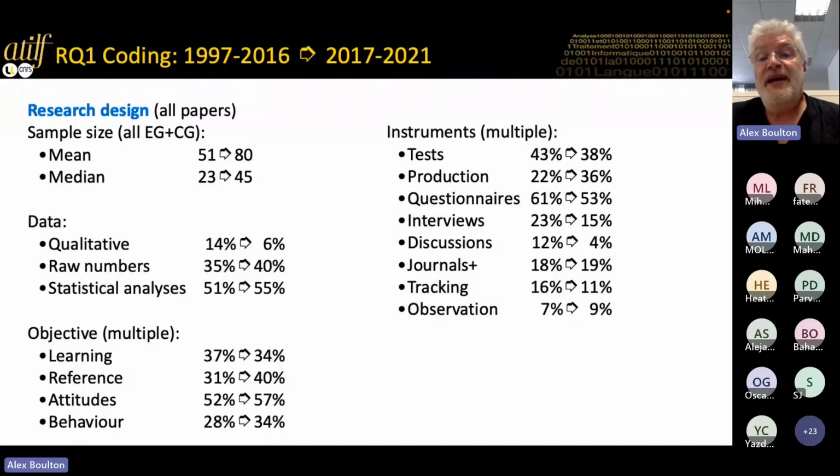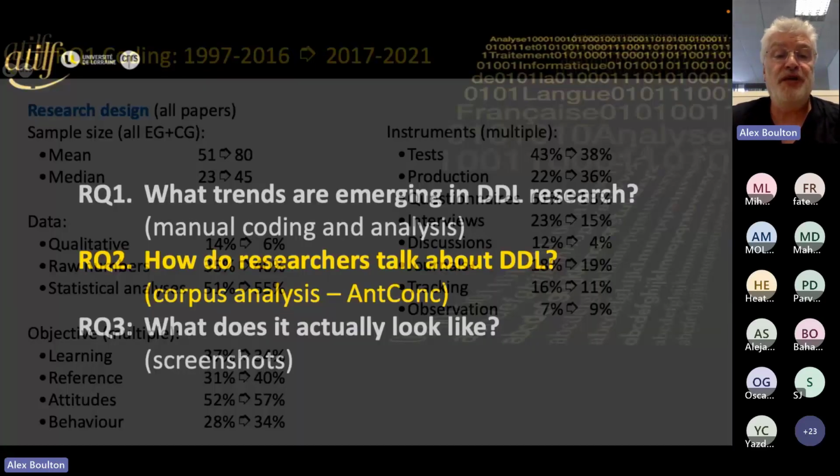Emic tools or questionnaires have always been very popular, slightly less so. But very, very often they're not the main instrument in the study. They're sort of tacked on at the end somehow. Having looked at outcomes, now let's just see what learners think of it. Interviews and discussions also look at learners' attitudes and behaviour, possibly, but also through tracking and observation. So you can see the evolution here.